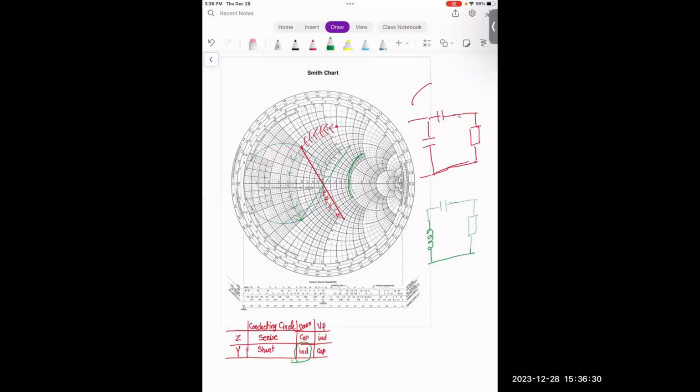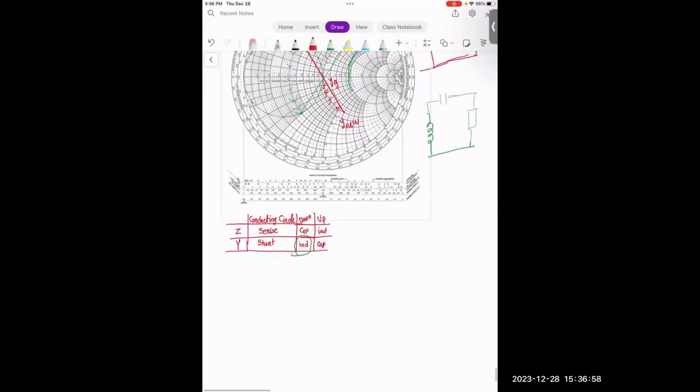This is the CC matching, but this question is asking what the CC value is. So we use the same technique. Suppose this is our Z load, and this is the Z new. This is the Y new and Y generator.